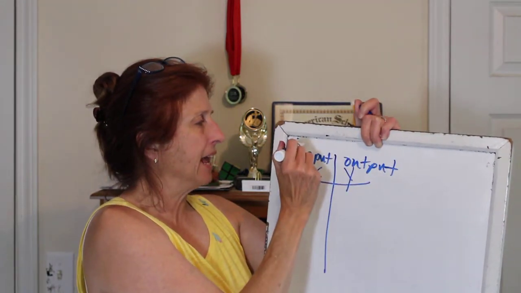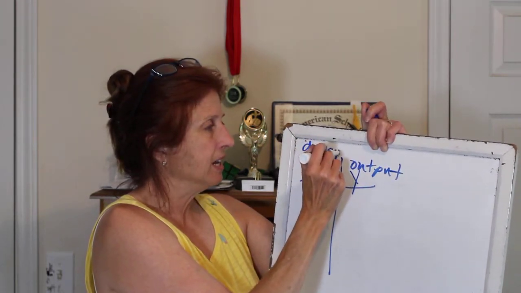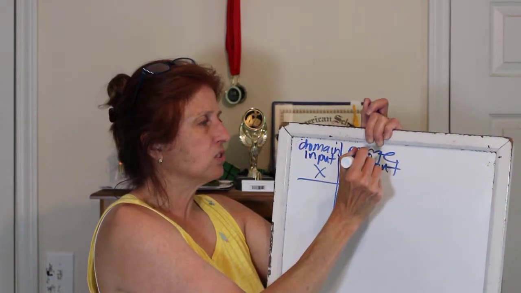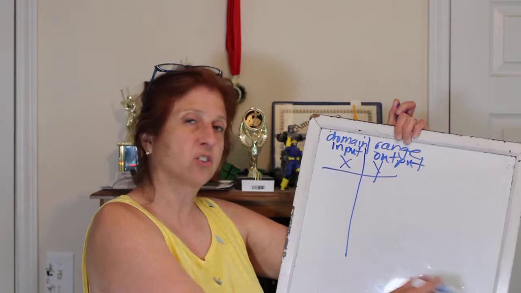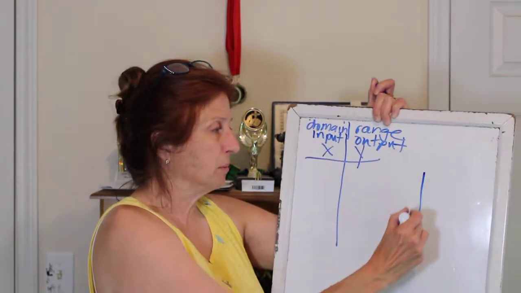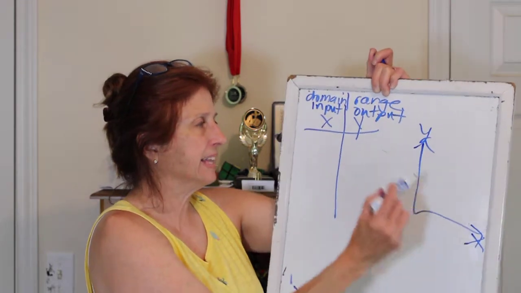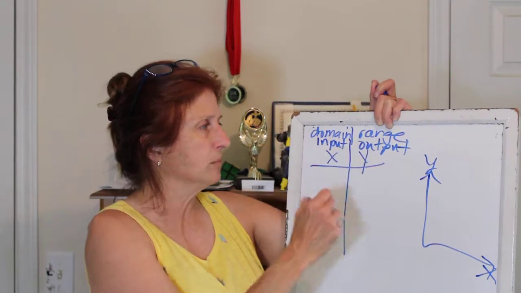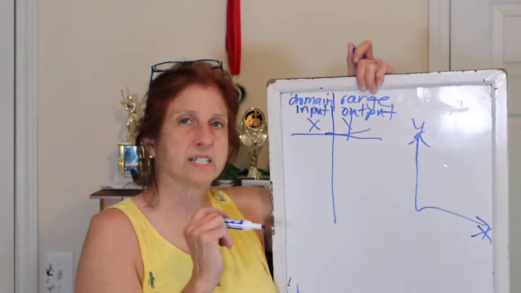And sometimes the data is called the domain and the range. And these are all words for the data that you can make into a graph. The X goes across the bottom, the Y goes up. Remember what I showed you in the last video. This is the Y and this is the X on the graph. And we just have different names for the two sources of data.